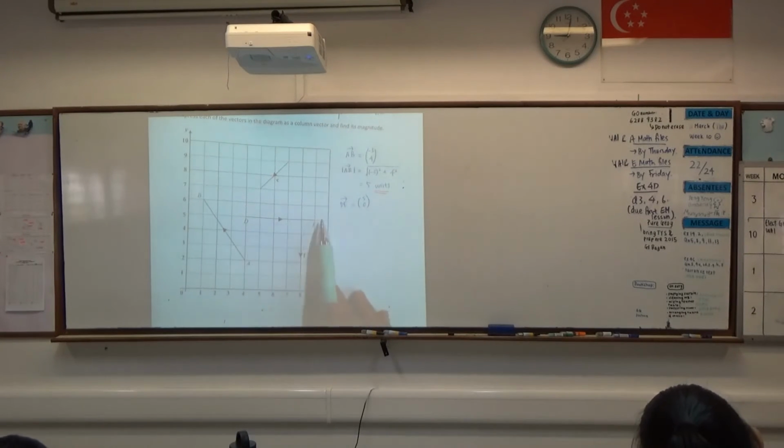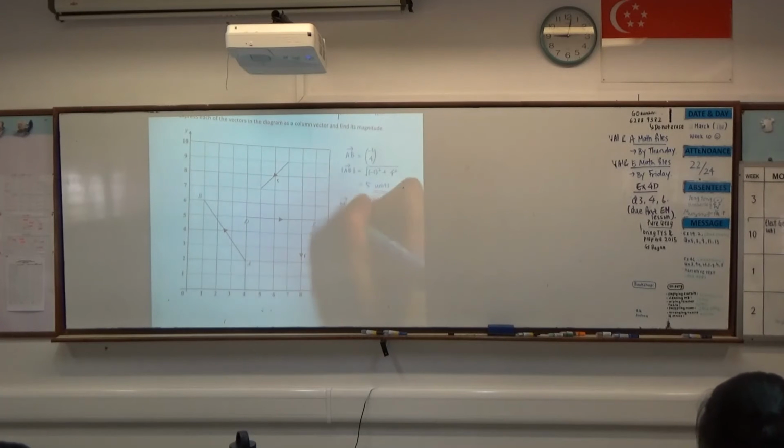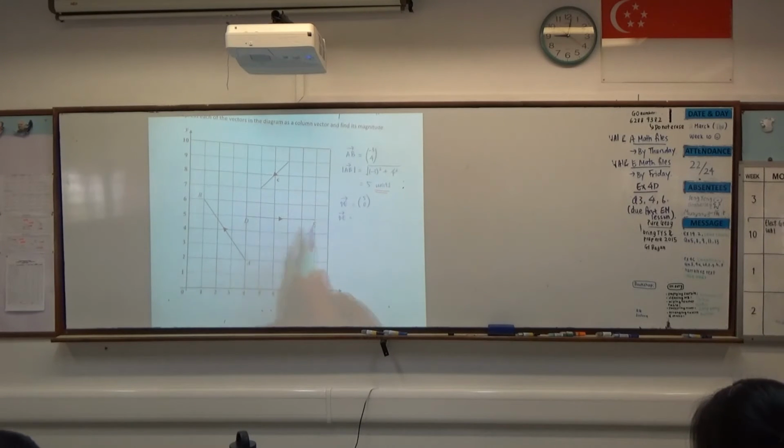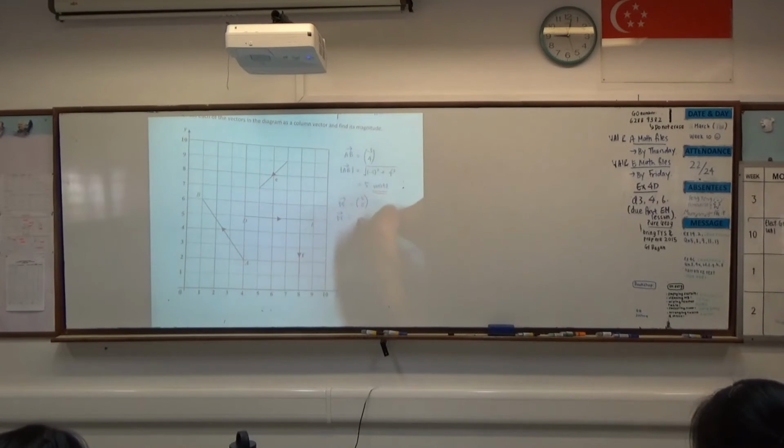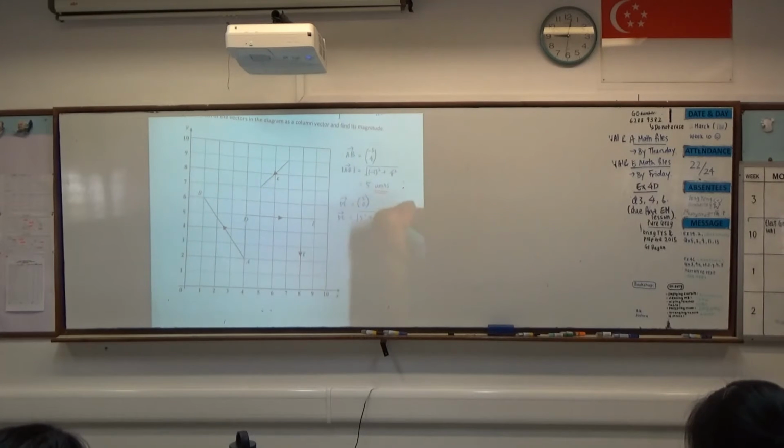It only moves in the x direction. So 5 units. There's no up or down, so 0 for the y component. So for DE, actually there's no need for calculation, because the length is just really counting the whole x direction. So it will just be 5 units, but if you really want to use the formula, you will still get 5.